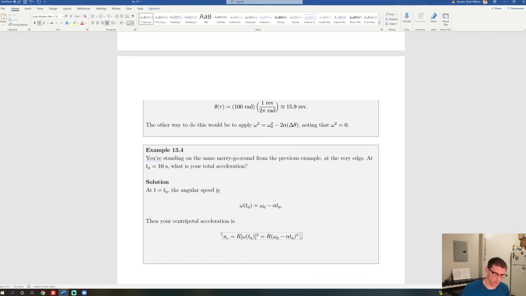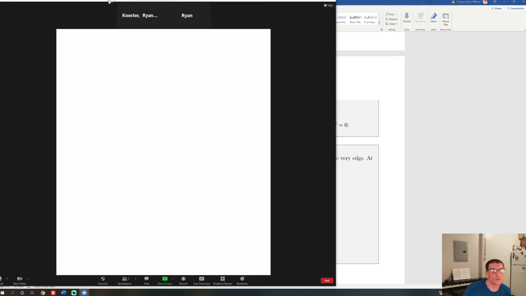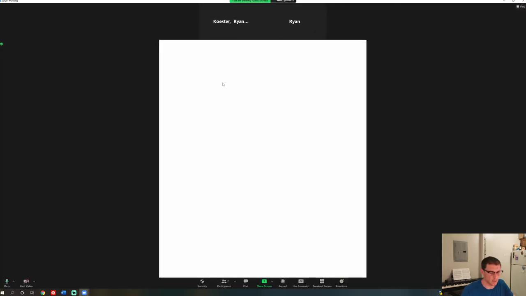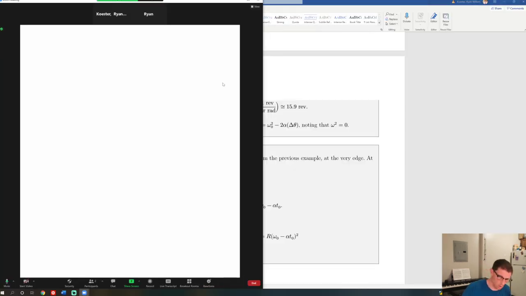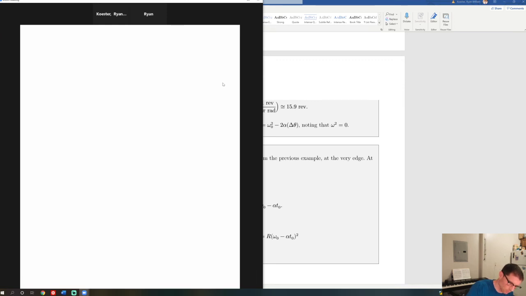So what I want to do really quickly is make a sketch of this, and I'm going to use the tablet and do this from the overhead perspective. So this is the top view of the merry-go-round, right? And it has radius r, and let's say you're standing here, at the very edge.